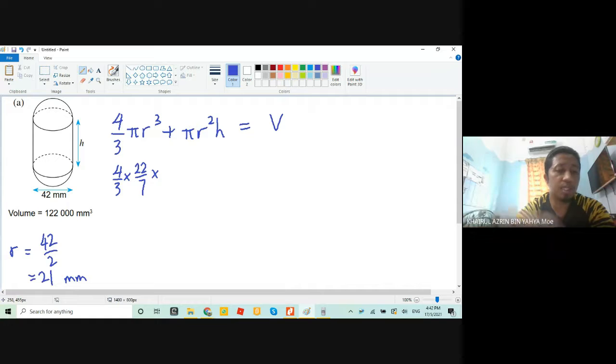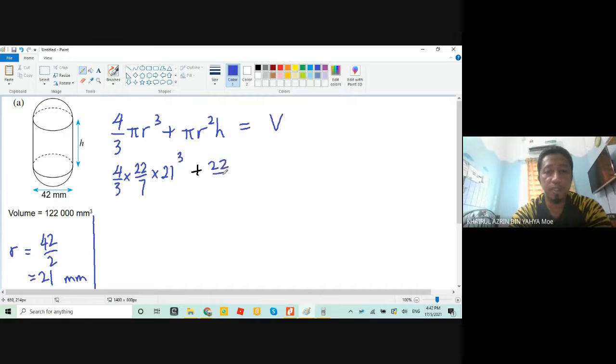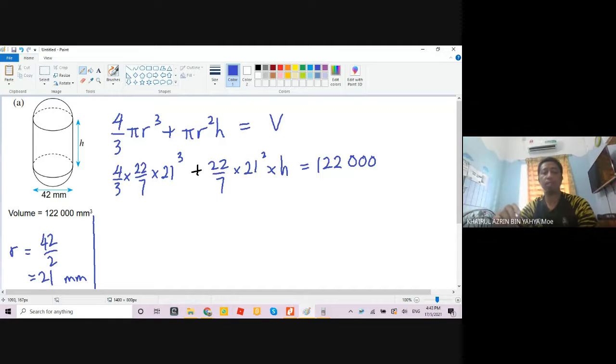So we continue here. r cube is 21 cube. Plus pi 22 over 7 times r, 21 square, and then times h, which we don't know, equal to V. The volume is given already here, and the volume is 122,000 millimeter cube.